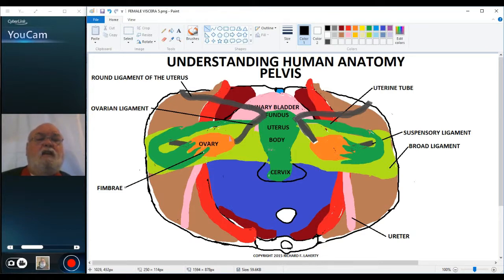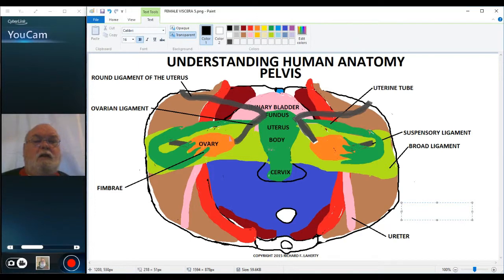And the Fimbria lead to an expanded area that's kind of funnel shaped. It starts out very wide and then narrows down. This is the Infundibulum.